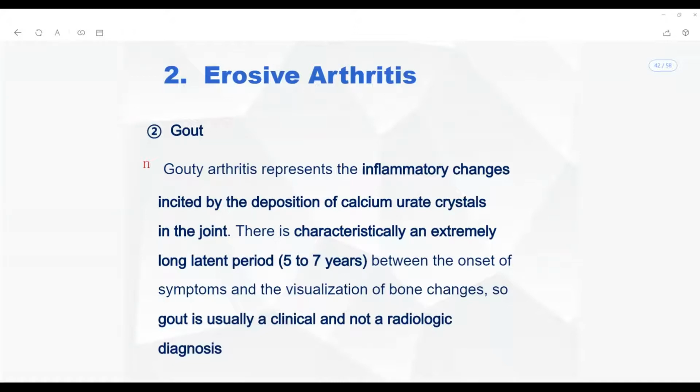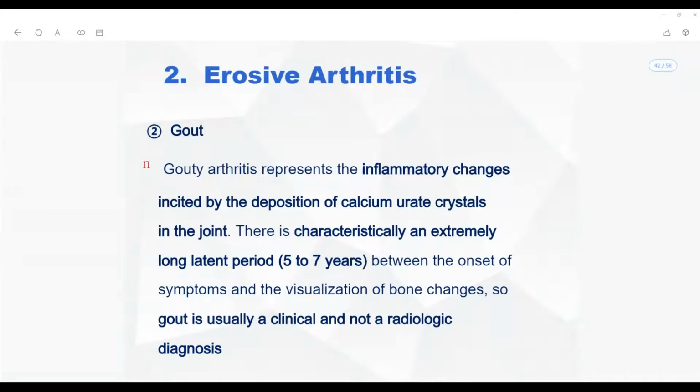So whenever there is a change in the dietary purines or the endogenous purines, or a reduced renal clearance, it is going to cause a condition called gout.